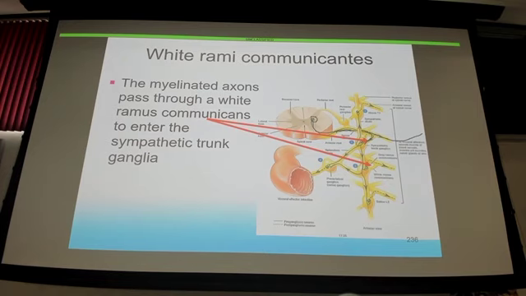Okay, don't worry about the trunk, what it is just yet, but the sympathetic trunk is a group of ganglions. I'm going to extensively show you that. Right now, I just want to mention that it goes through a myelinated area called the white ramus, and it enters the sympathetic trunk ganglion.